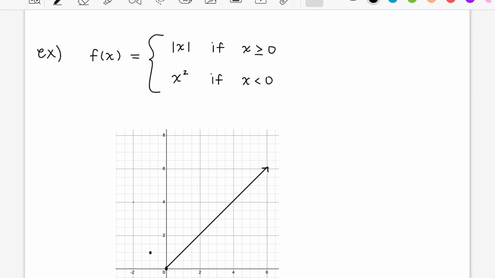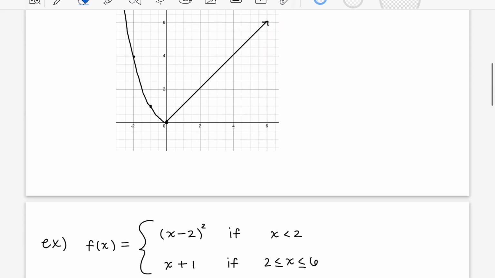If we plug in negative 2, we're going to get 4, and so on. So we have this parabola there. All right, so that's another example of a piecewise function. We're essentially just breaking our graph into regions based off of these rules here.